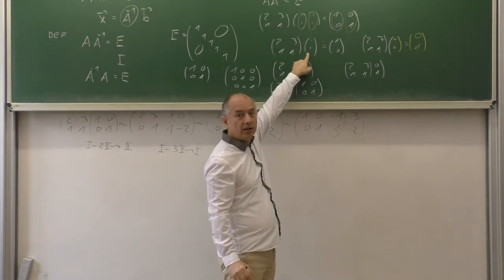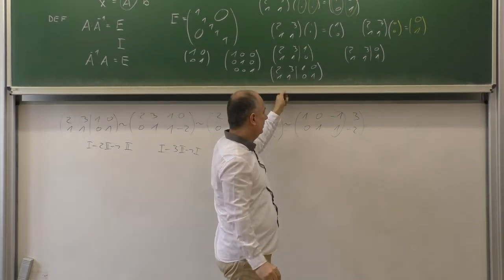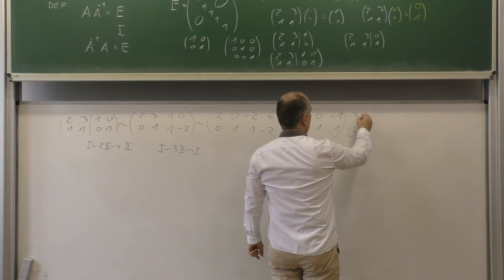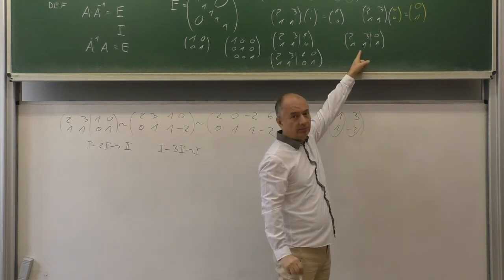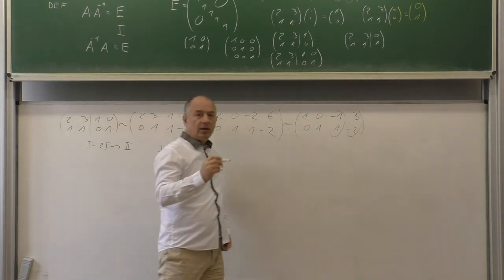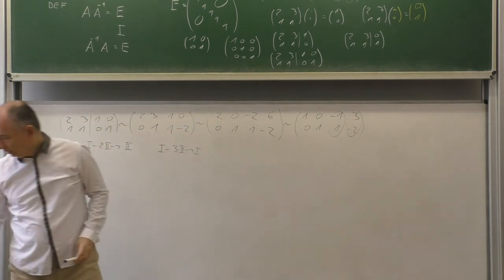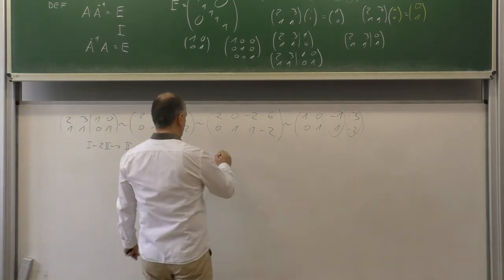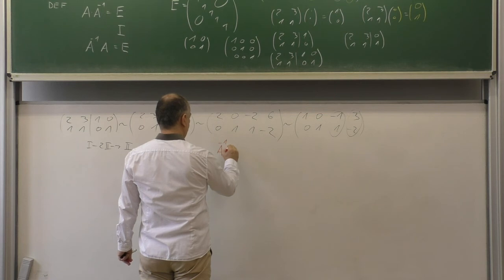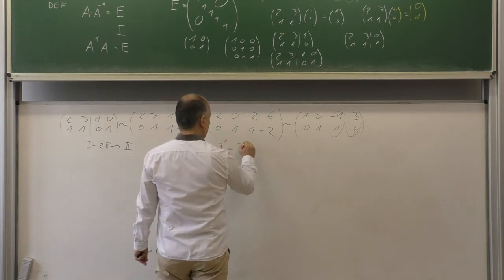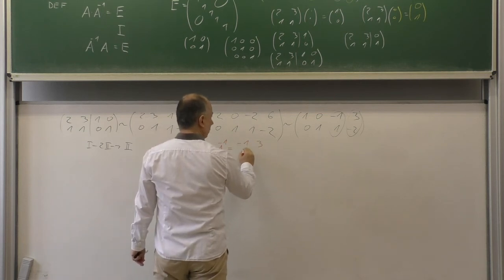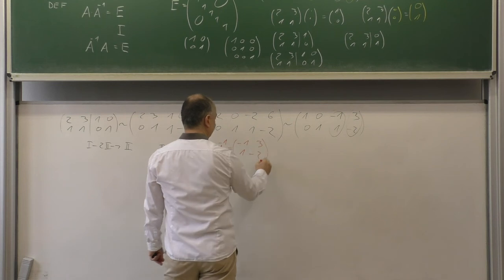That means the first column of the inverse matrix. And this is the solution to the second system, namely the second column of the inverse matrix. So we have the result that for this matrix, the inverse is minus 1, 3, 1, minus 2.